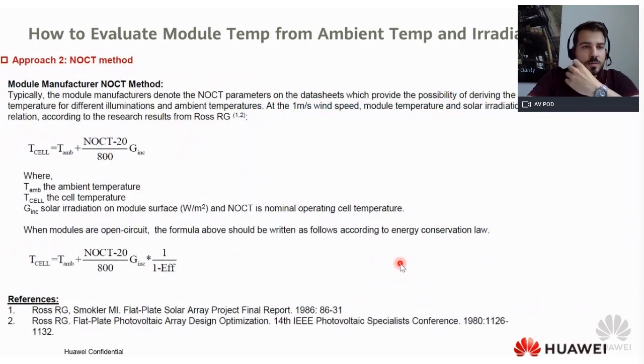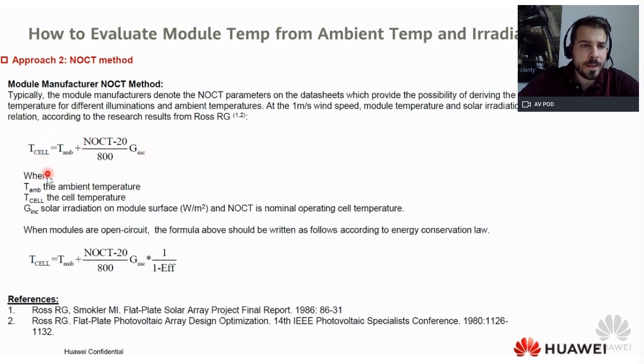Now the different approach is the NOCT method. The NOCT parameters are also mentioned in the PV panel datasheet. For the NOCT method you can see the references, and you can even search for these equations yourself. This equation is stated.